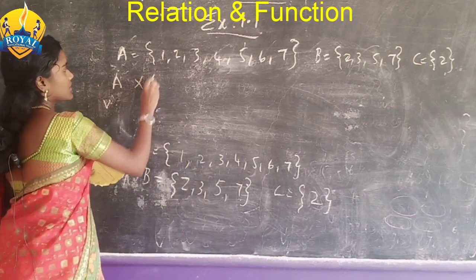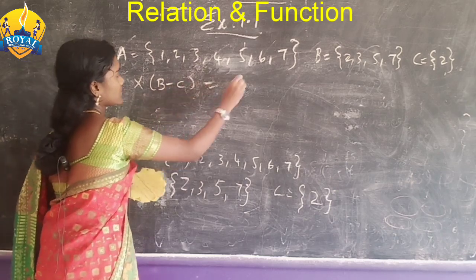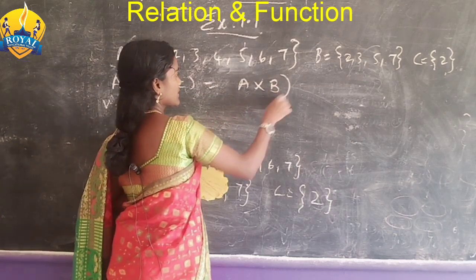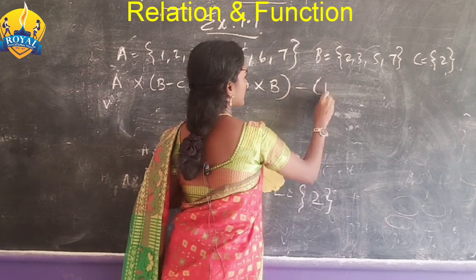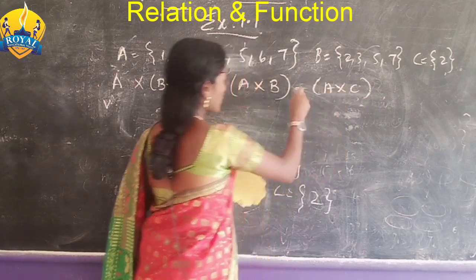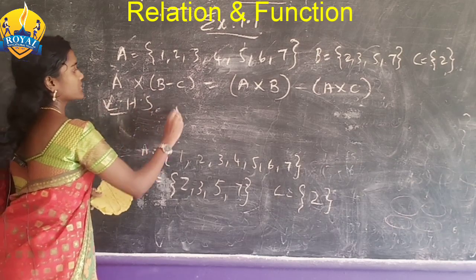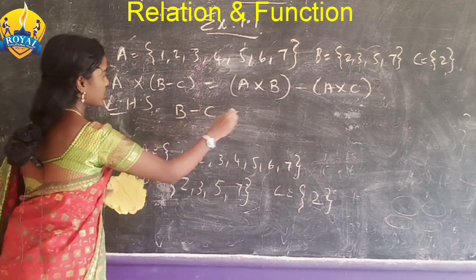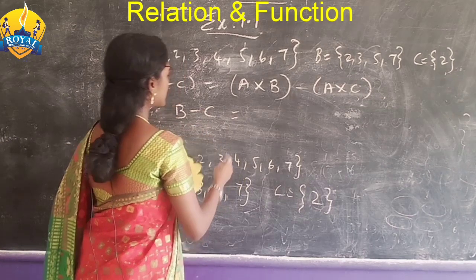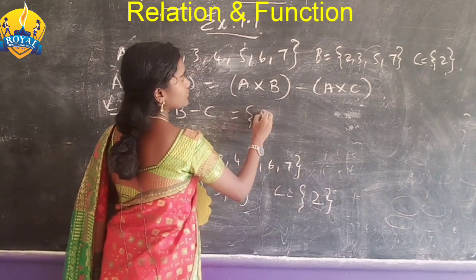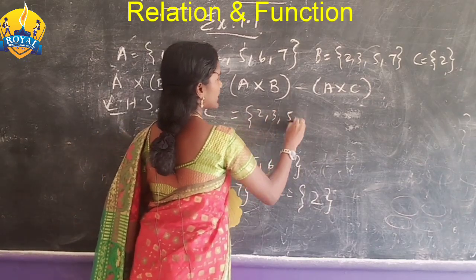A cross (B minus C). Minus here means difference, not subtraction. On the left hand side, B difference C means except the elements of C, write the elements of group B. C has 2, and B also has 2. Except this, what is in B minus C? 3, 5, 7.